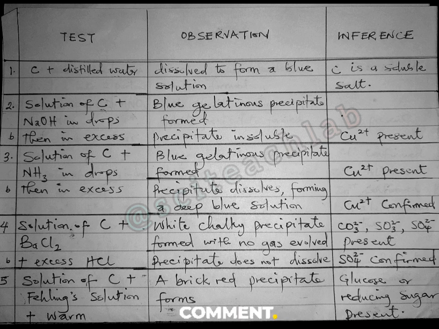Like this, to the barium chloride and the C you've added, you now add excess hydrochloric acid. So you just pour in hydrochloric acid into that solution containing C and barium chloride. You will see that the white chalky precipitate will not dissolve.